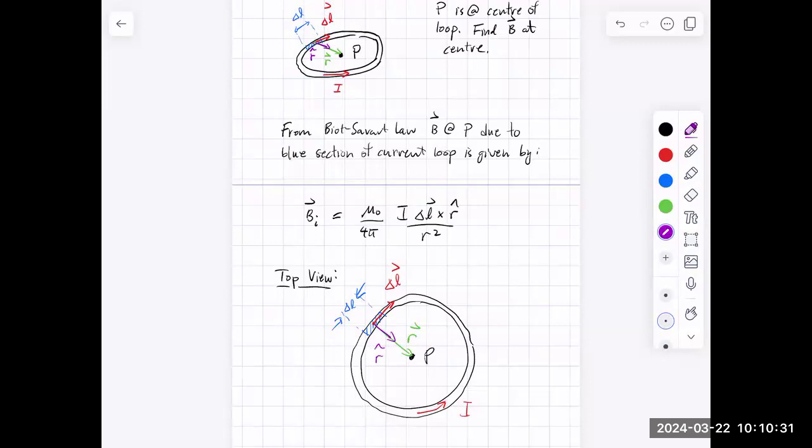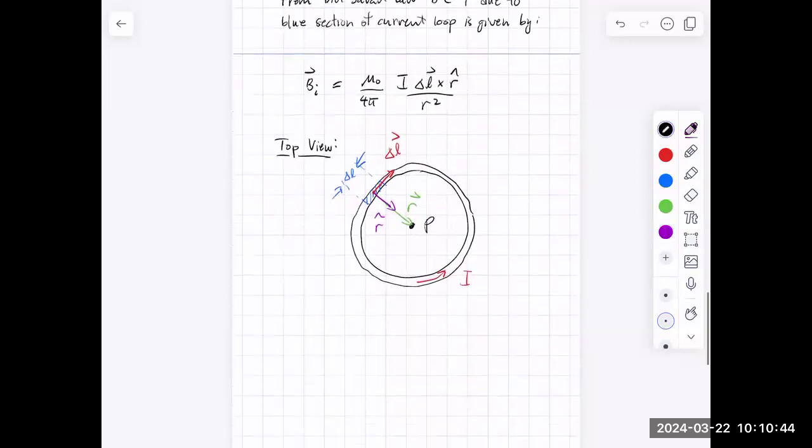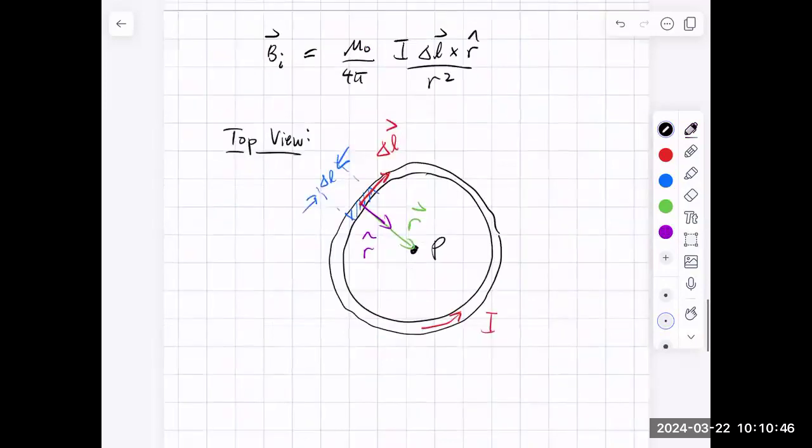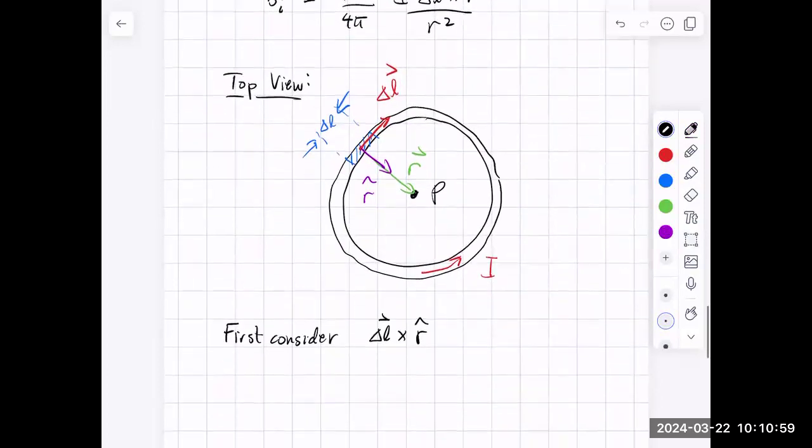All right. So what I want to focus on first is trying to evaluate this cross product that we have to deal with, this delta L cross r hat. So let's first consider delta L cross r hat. We'll start with the magnitude.